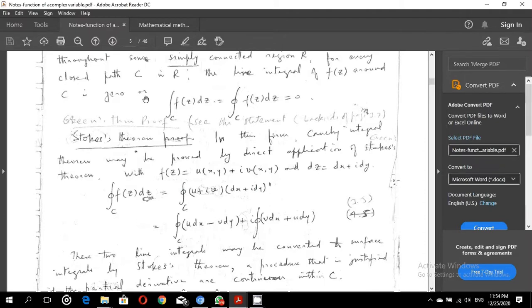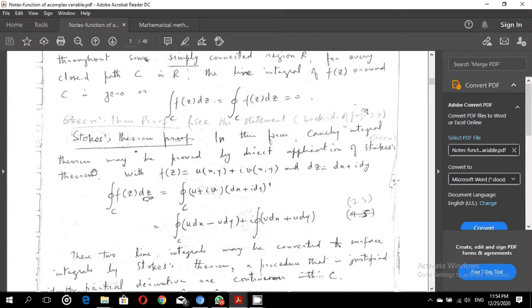So that is the statement of the Cauchy integral theorem. So the integration goes to 0 for every closed path C, not necessarily a circle. It can be any closed path within the region R over which the function is analytic. Then this integral is always 0.